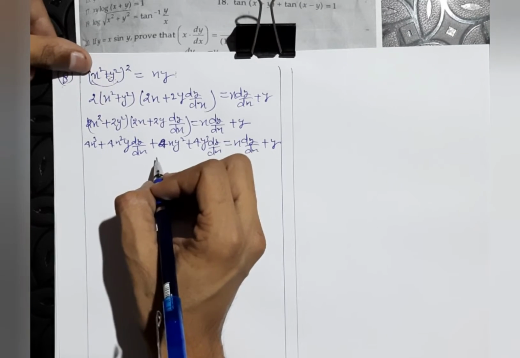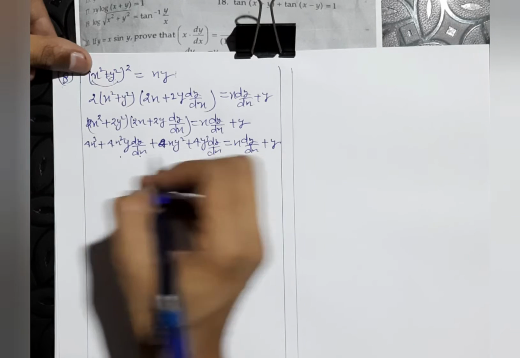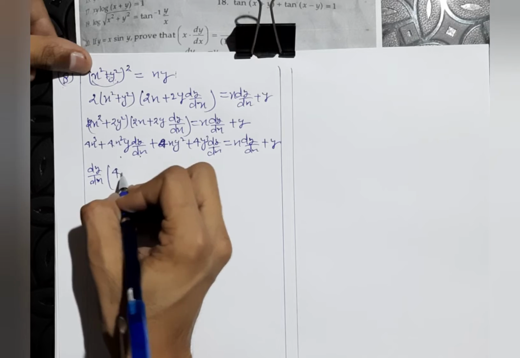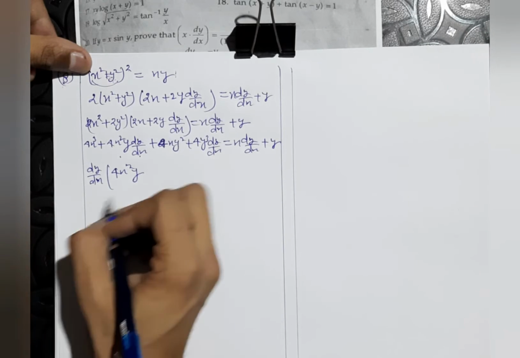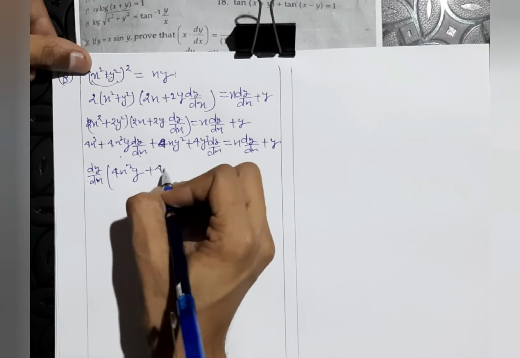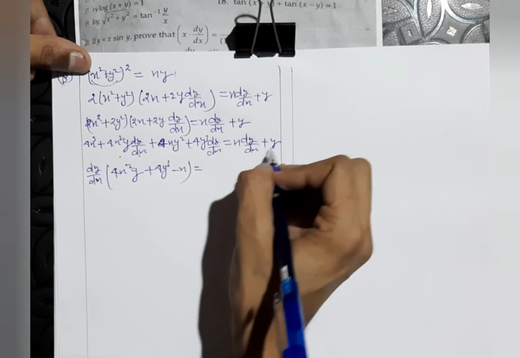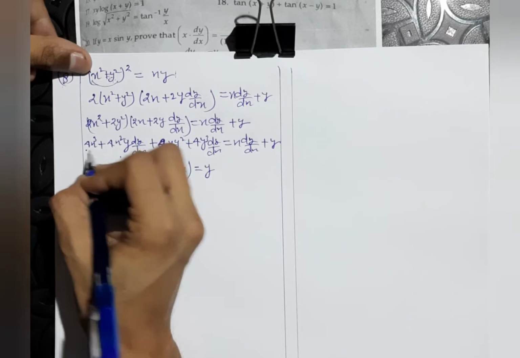Now let me take dy over dx common from here and here. I get dy over dx times (4x²y + 4y³ − x) equal to minus this term and that term.